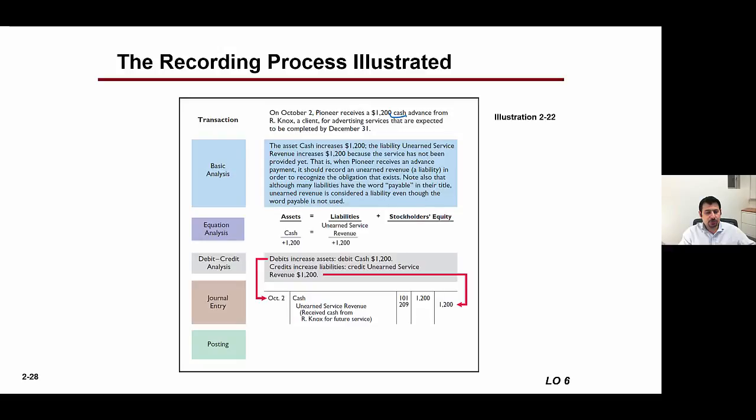And the explanation here would be received cash from Arnox for future services. We post these accounts. Now we have debited cash, so we put it also under debit. We put them one after the other, but because they are both debits, we put it on the debit side right after the last entry. Here it was credited, so we'll add it under the credit side.